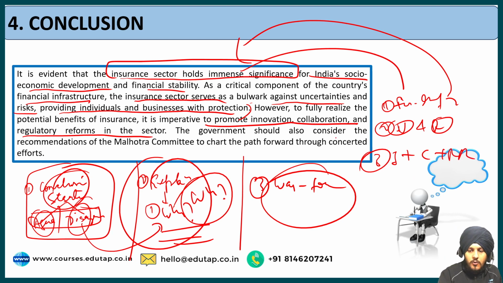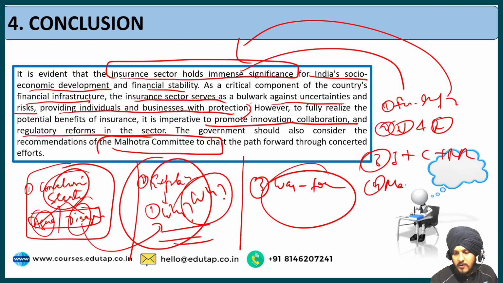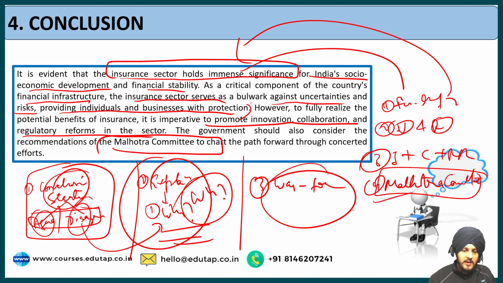The government should also consider the recommendations of the Malhotra committee to chart the path forward through concerted efforts. We are also writing about the Malhotra committee that was formed by the government regarding the insurance sector, and this committee gave different recommendations. So what should government do? Government should think about these recommendations given by this committee, so that we can improve and create a better platform for the convenience of the customers.